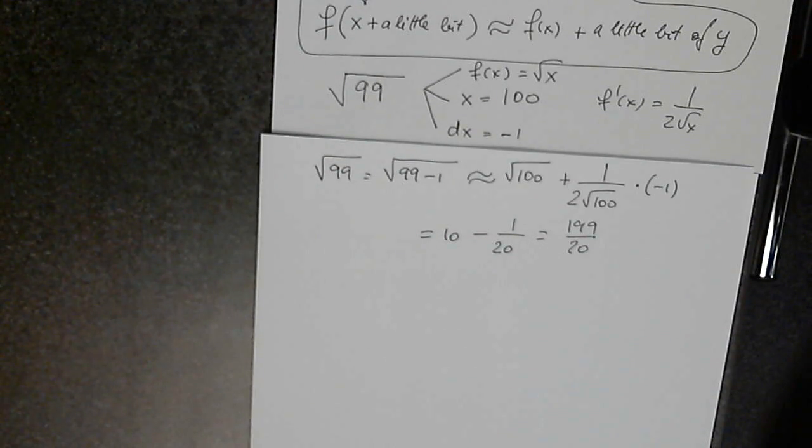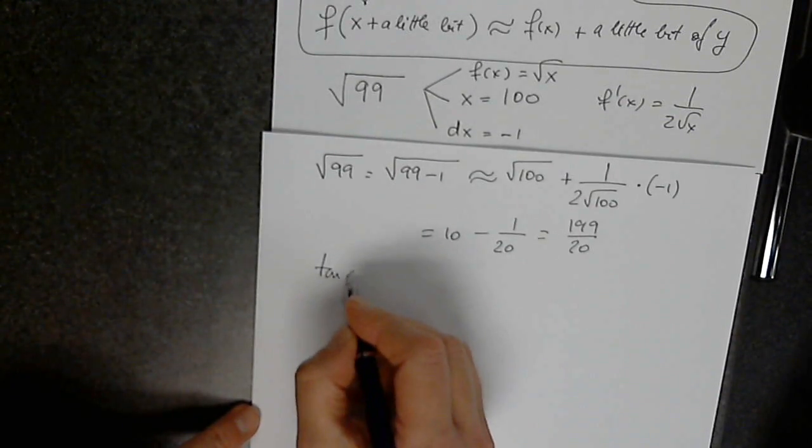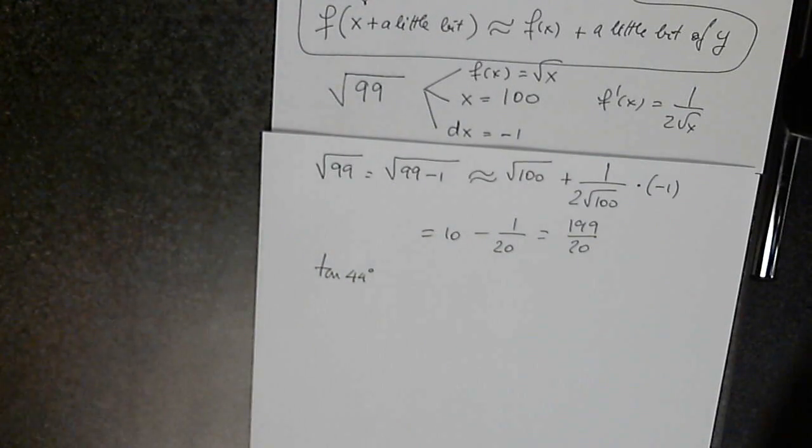No questions asked. But this is the way they determined tangent 44 degrees. No one can find tangent 44 degrees. You may be able to find the square root of 99 by hand. But I don't know how many years ago, nobody knew what tangent 44 degrees is. They had to invent calculus to determine tangent 44 degrees.